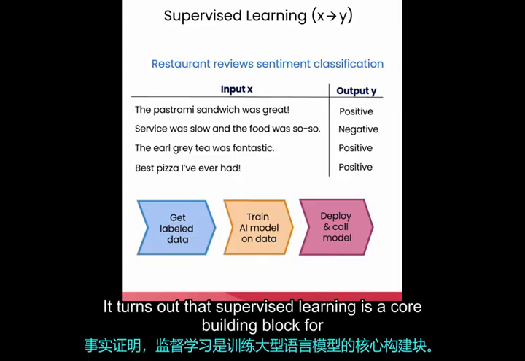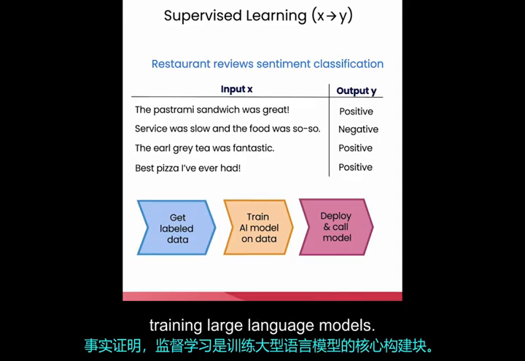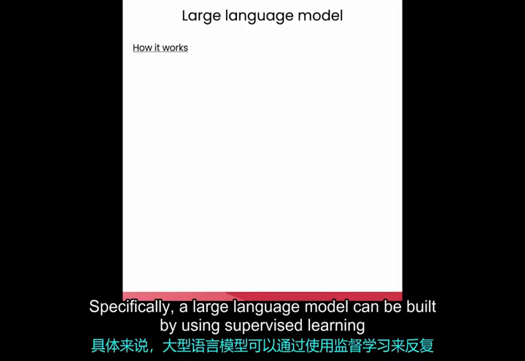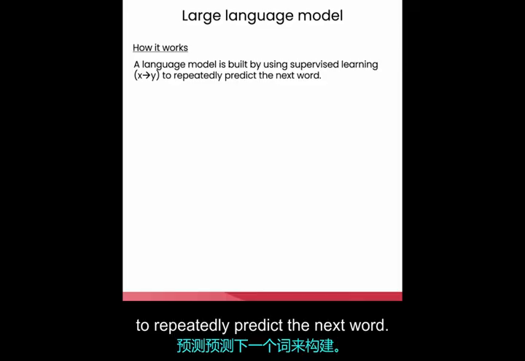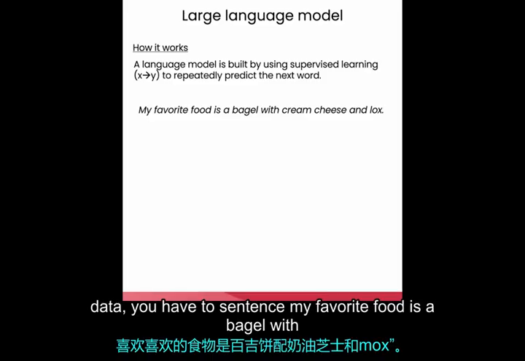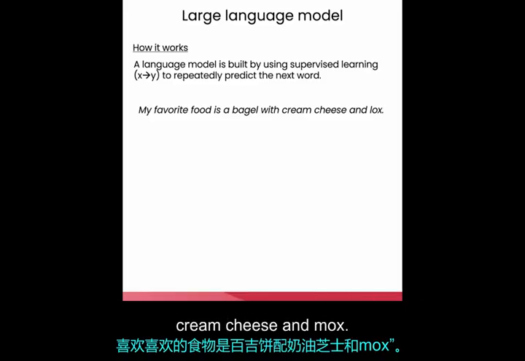It turns out that supervised learning is a core building block for training large language models. Specifically, a large language model can be built by using supervised learning to repeatedly predict the next word. Let's say that in your training set of a lot of text data, you have the sentence, "My favorite food is a bagel with cream cheese and lox."